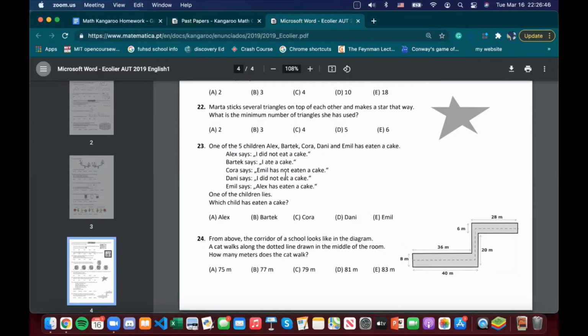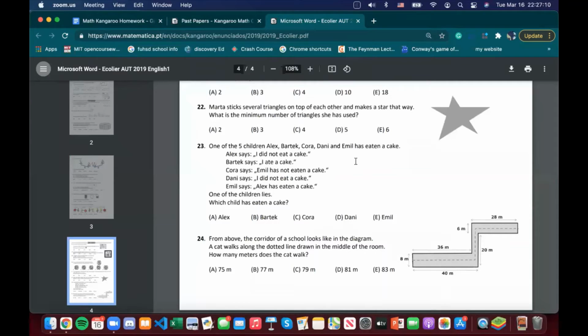Okay, so now we're on to problem 23. One of the 5 children, Alex, Bartek, Cora, Danny, and Emil, has eaten a cake. Alex says this, Bartek, all of them say that, and one of them must lie, which means that all the others are saying the truth. So which child has eaten the cake? Let's keep going through.